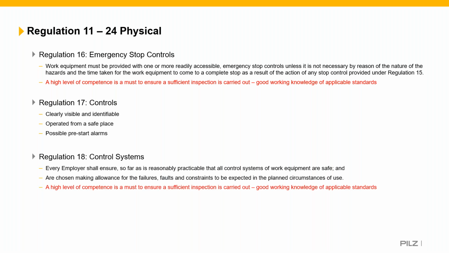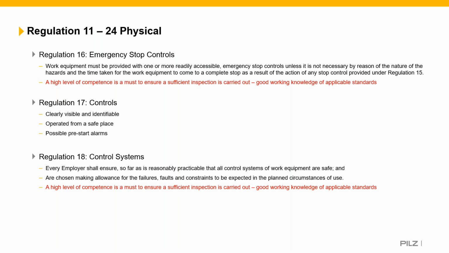Regulation 18 looks at control systems. And again, here I can't stress enough a good working knowledge of the standards, specifically things like 13849, 62061, 60204, very much key standards used in the definition of that.